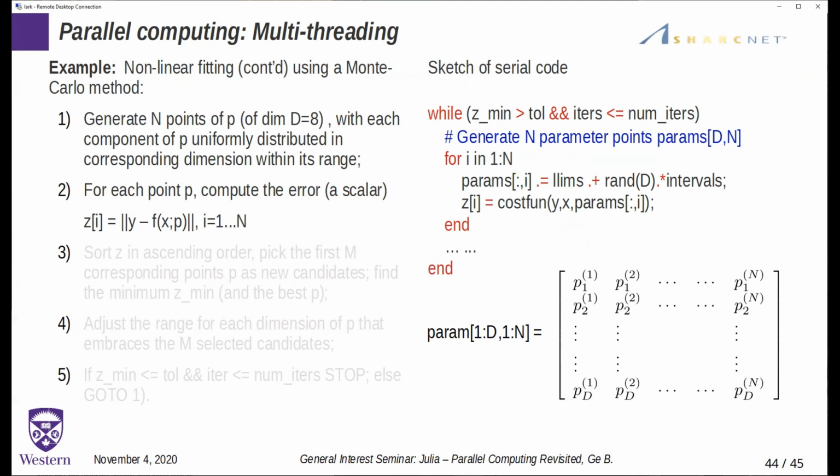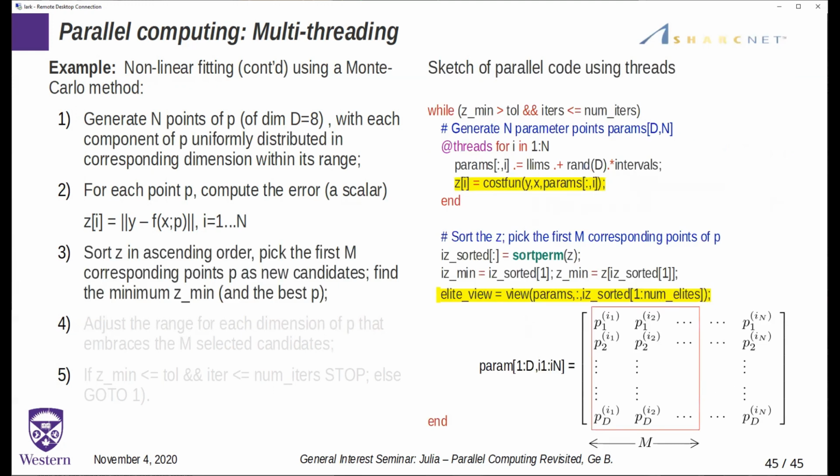In the meantime, we calculate the norm of the distances between the data and the model at each of the observation points, and we store the values in array Z. Then we sort Z in ascending order by calling the Julia function sortperm. It returns the indices of the sorted elements. That is what we want.